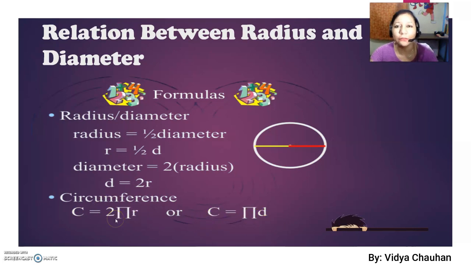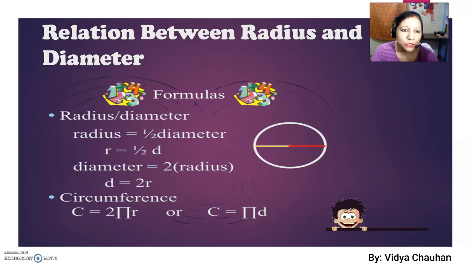Here the value of pi is fixed and is considered as 3.14 or 22 upon 7. If radius or diameter is known, then you can easily find the other terms. If radius is given, then we can find diameter and also circumference. Similarly, if diameter is given, then we can easily find its radius and also the circumference.